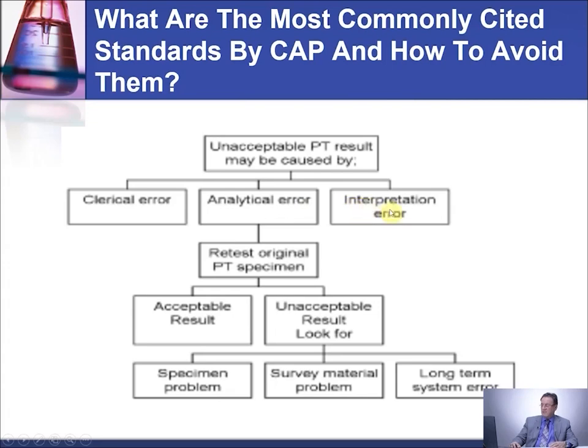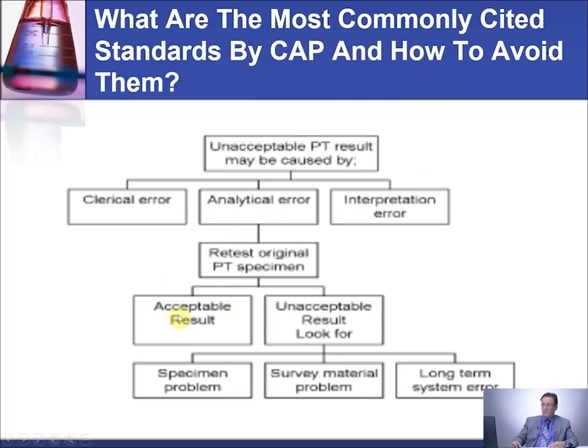Then if it's an interpretation error, like the one that I just showed you, it's easy. You need just to retrain and make sure it does not happen again. If it's an analytical error, you need to dig further. Retest the original PT specimen if you still have it.